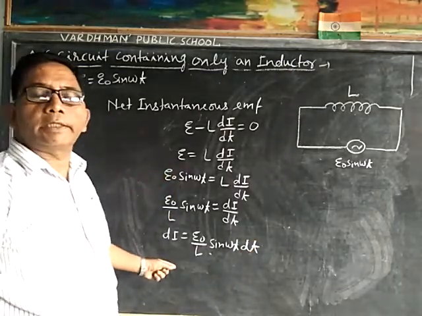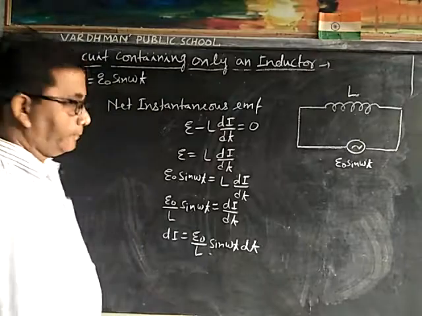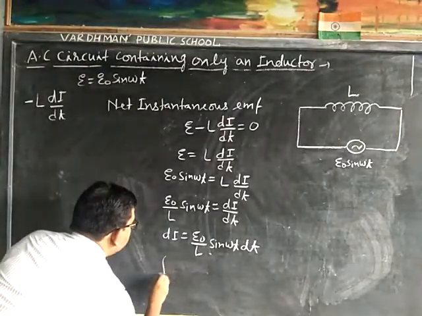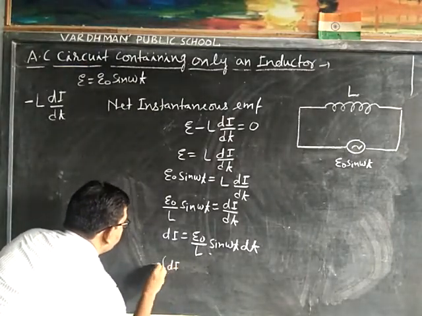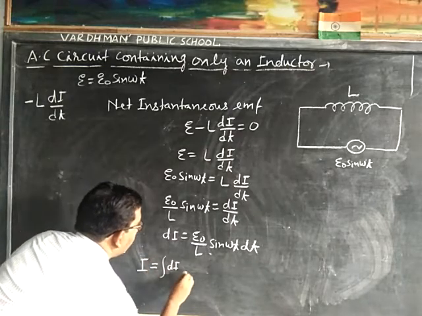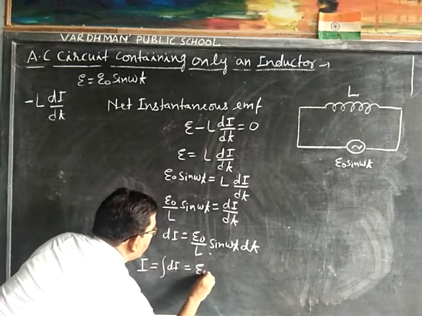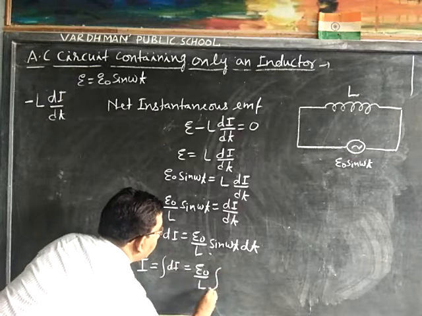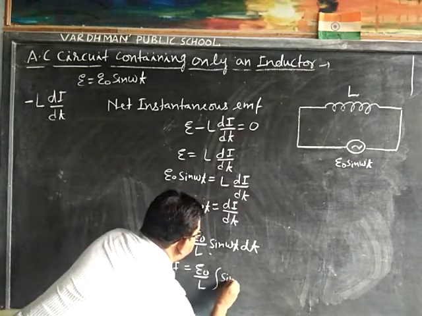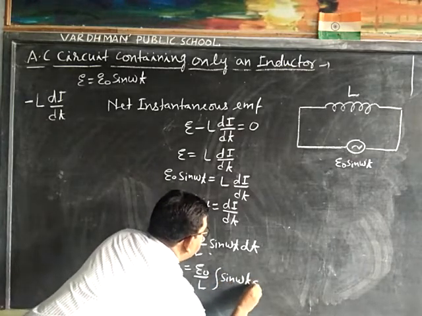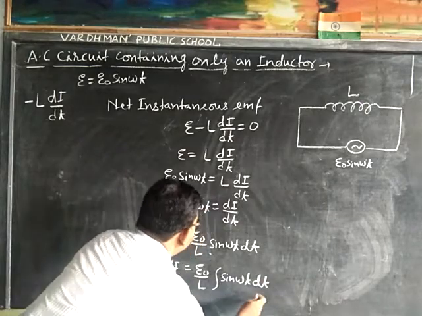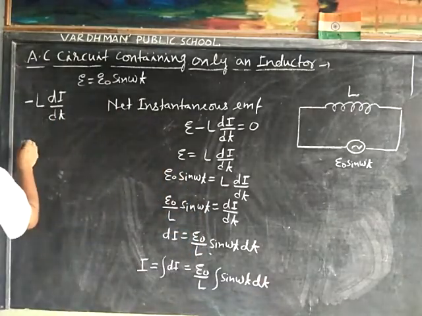Now we will integrate it on both sides. Then the integration of di is equal to I, and E0 upon L times the integration of sin omega t dt.